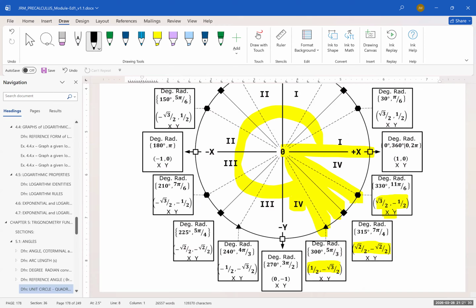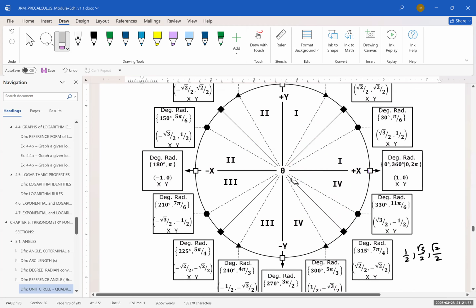Well, there are 3 fractions that continue to occur: 1/2, square root of 3 over 2, and square root of 2 over 2. Those are the only 3 fractions you have to remember for the entire unit circle. But where do those fractions occur in the unit circle?